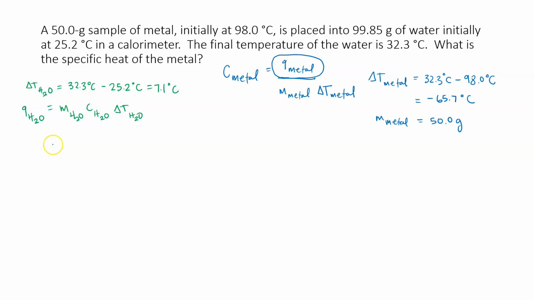And so in the problem, I forgot to multiply that value by the mass and the specific heat capacity, so I got a totally wrong number for the heat of the water. We need to multiply 7.1 times the mass of the water, which is 99.85 grams. And the specific heat of the water is 4.184 joules per gram degrees C, and then the delta T of the water is 7.1.